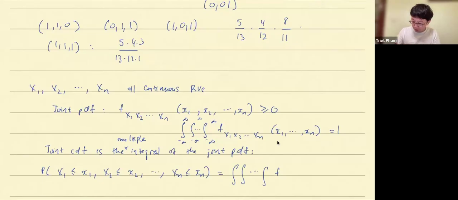Now the subscript, you could skip it, sorry, and also I forgot here, this is dx1, dx2, ..., dxn.